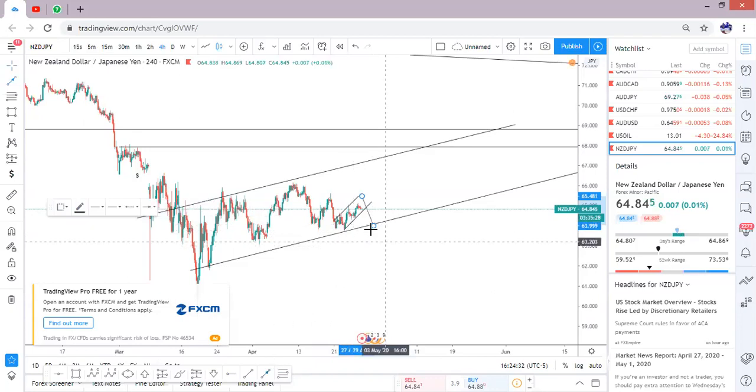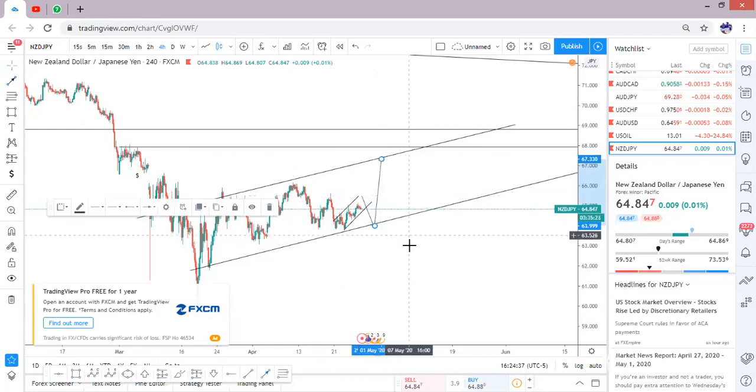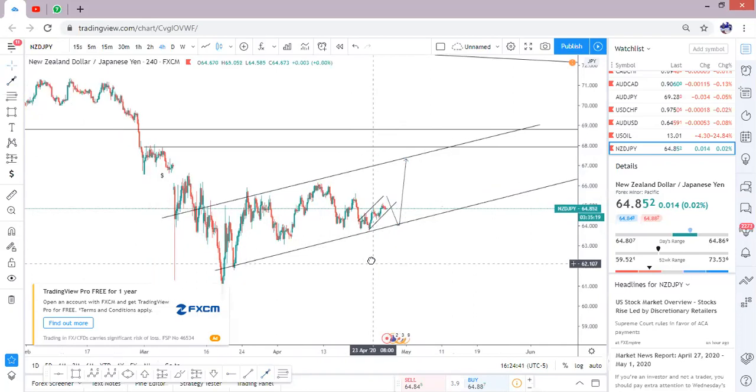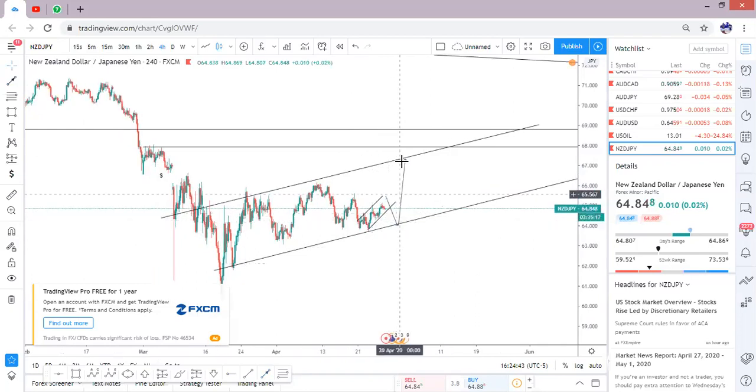Then we are riding up. Am I making sense? So that's what we are going to do from here to here. Then we are riding up.